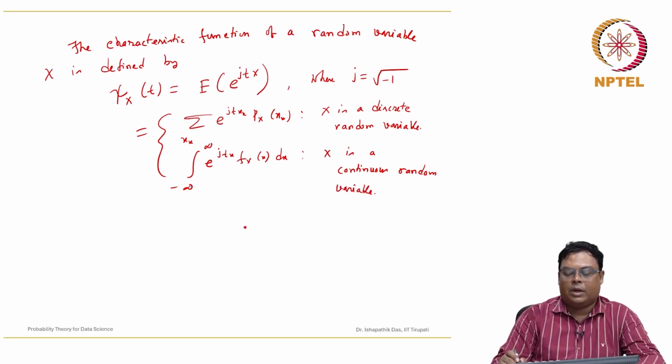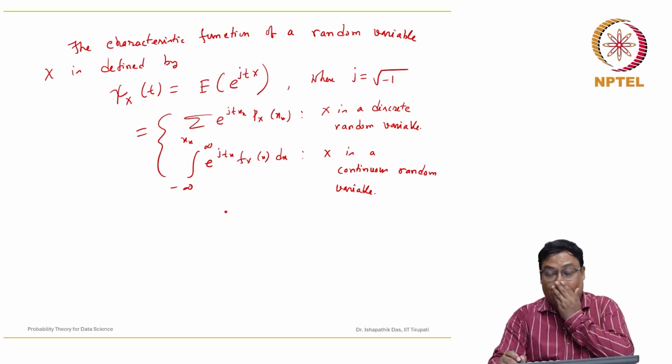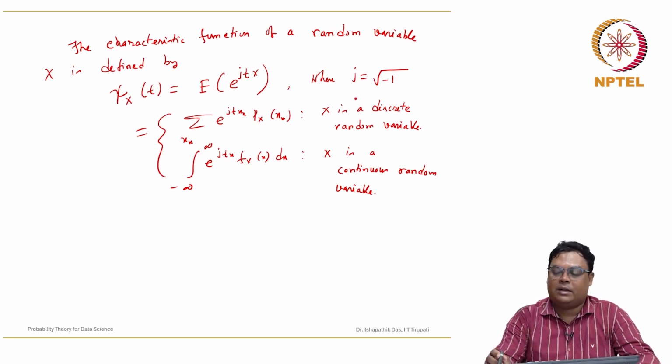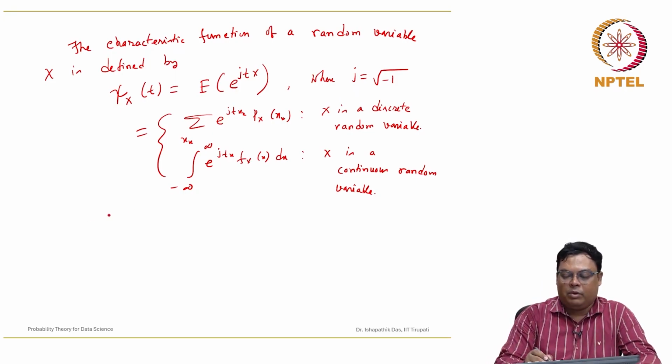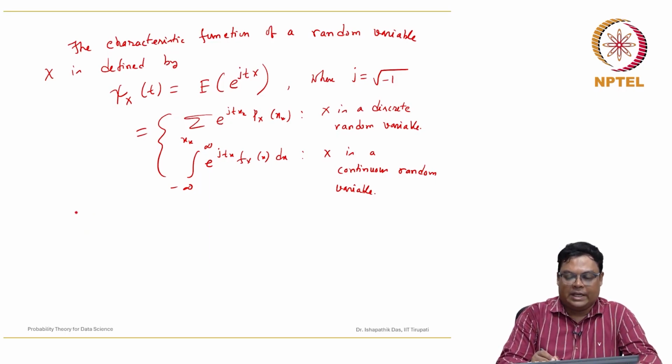So what is the benefit of adding this j instead of just t? Because the moment generating function may not exist for all random variables. What about psi X(t)? Suppose we consider a continuous random variable; the discrete case will be very similar.